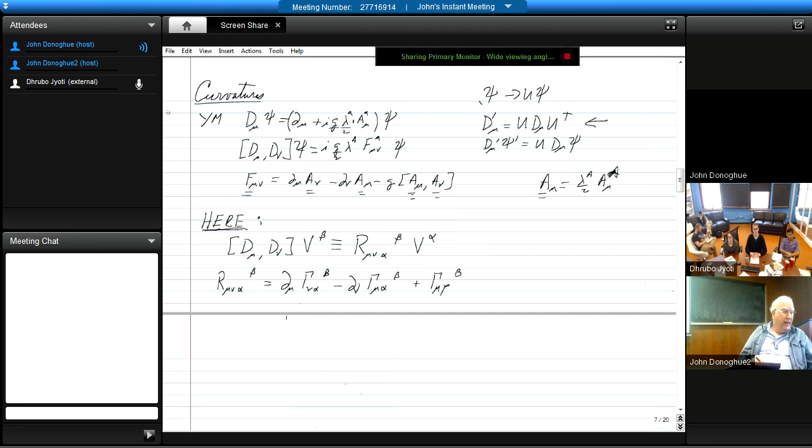It's gamma mu rho beta gamma nu alpha rho, and then anti-symmetric in mu and nu, minus gamma nu rho beta gamma mu alpha rho.